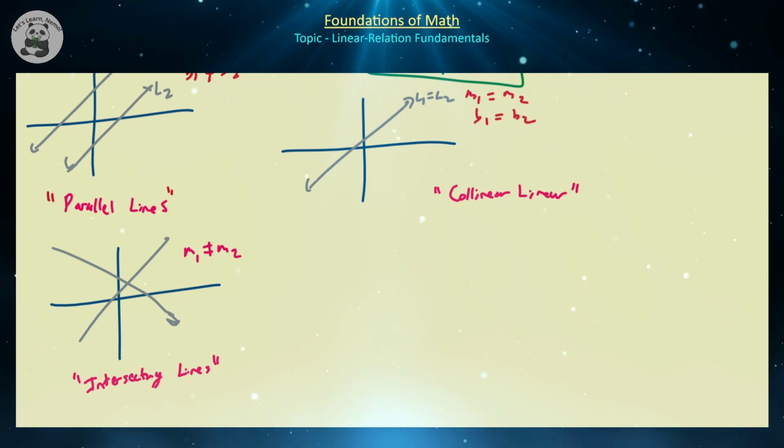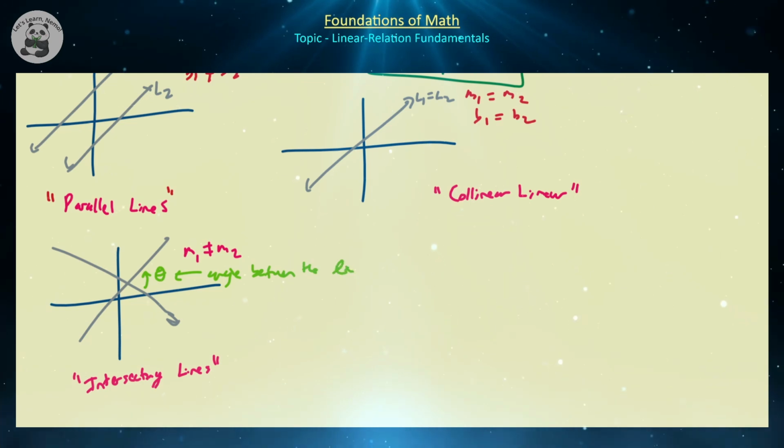So if they do intersect one another, then there's going to be some angle, say theta, between these two lines. You could either focus on that angle there, or you could focus on this angle there. It doesn't really matter which angle you look at, but there's going to be some angle between them.